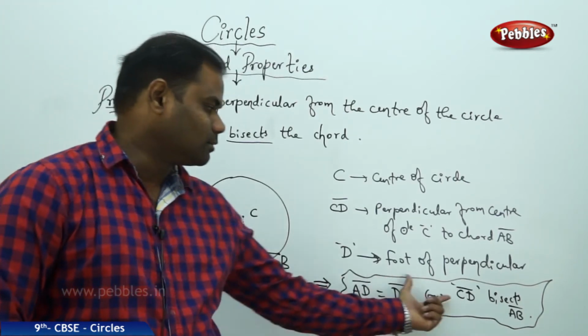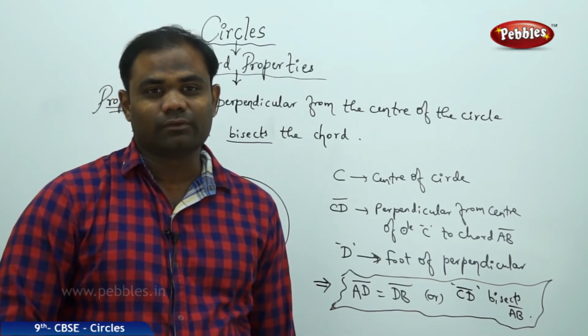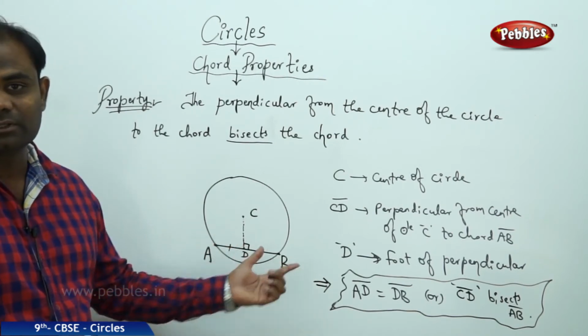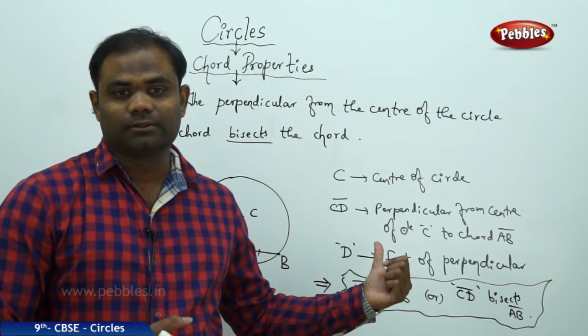They are equal, or CD bisects AB. This is always true when a line passing through center is perpendicular to the chord AB. Bisecting property of a chord.